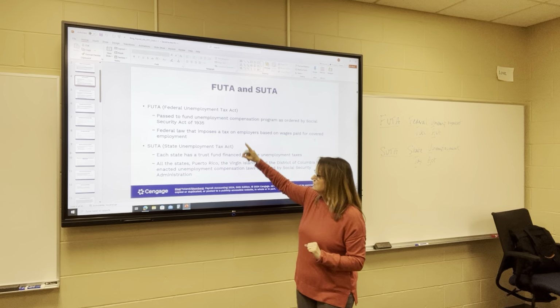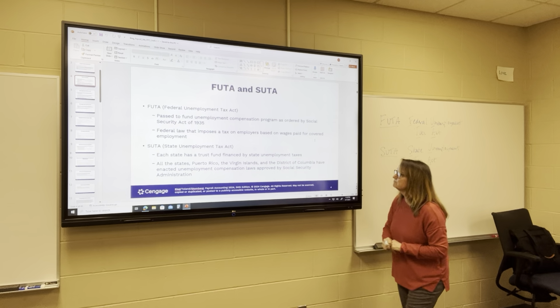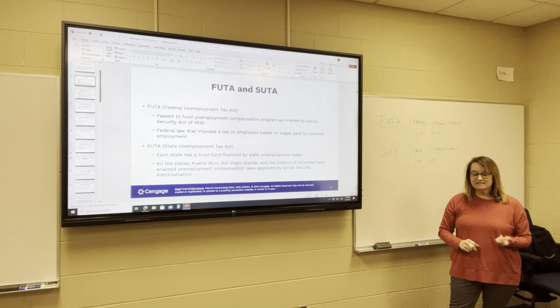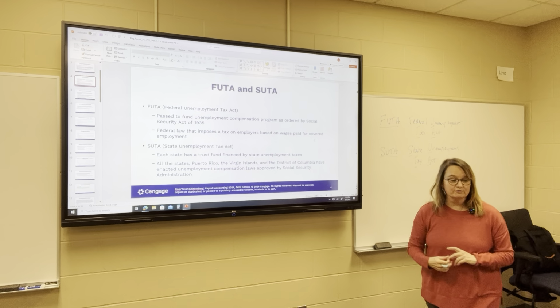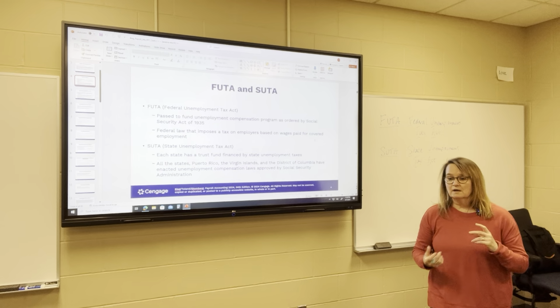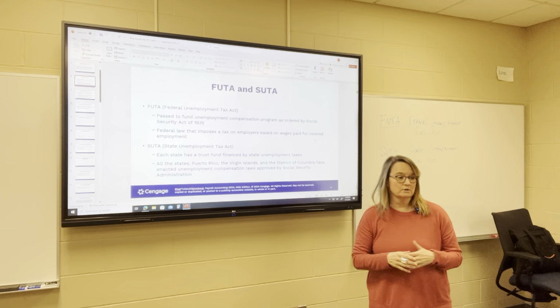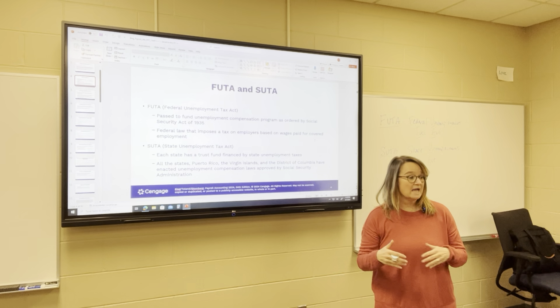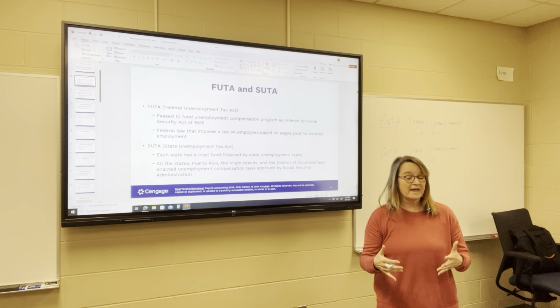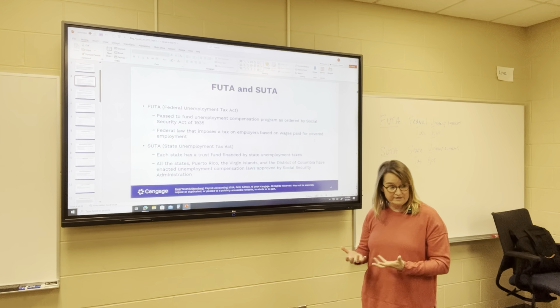It's a federal law, again, imposes a tax on employers, and that tax is based on the wages that were paid for covered employment. Covered employment simply means those where that employer-employee relationship exists, and amounts paid for wages.